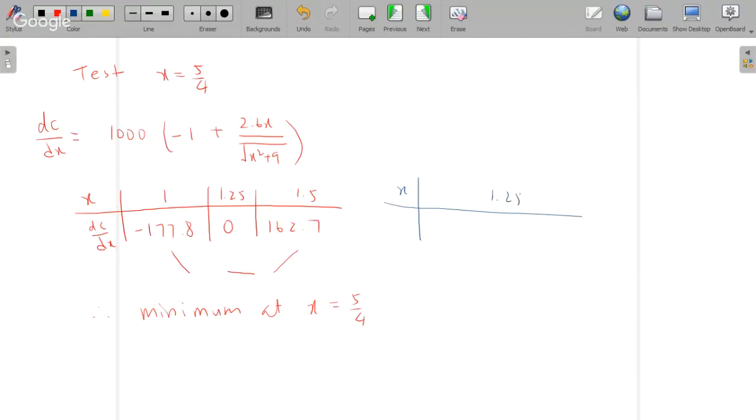You know you're testing 1.25, you know that's 0 because that's where you got it from. Then just pick some numbers above and below the point you're testing. Now you know what you're shooting for. So that should be negative sloping, just write in negative, and that should be positive sloping. Just write that in and go, therefore it is a minimum. If you have time, come back and fill in the numbers. It has worked with varying success depending on the school.